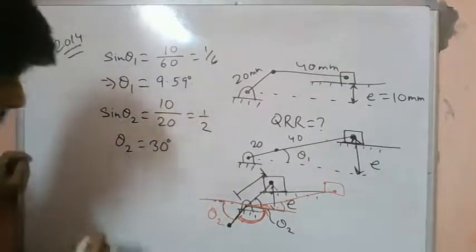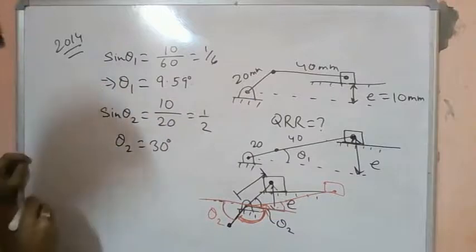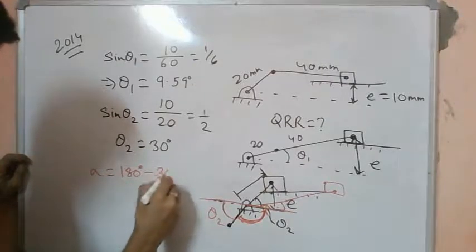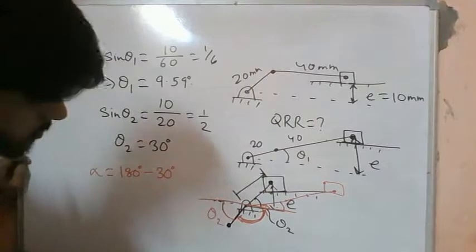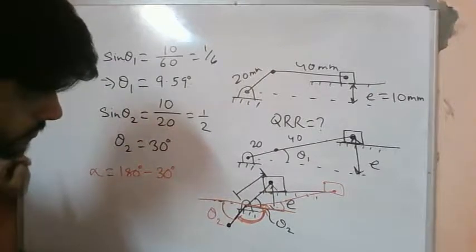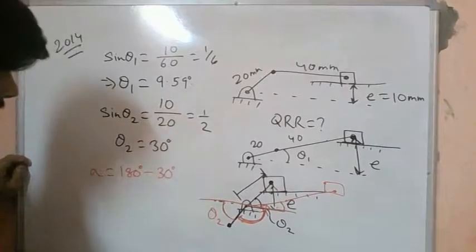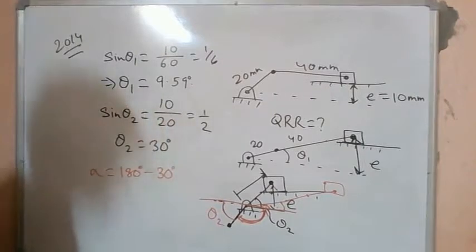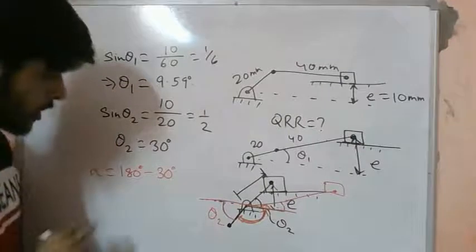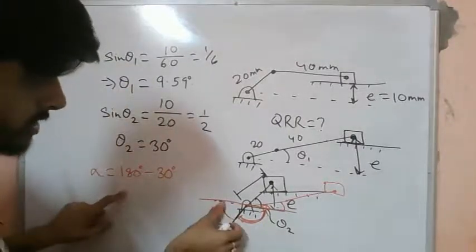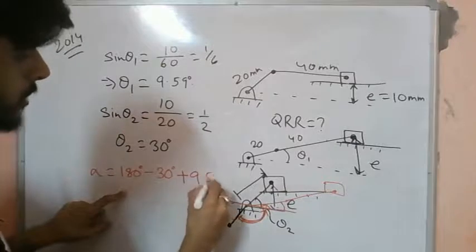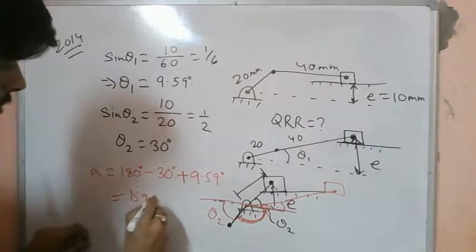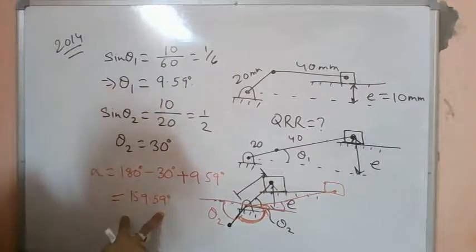So we have the return stroke angle, let's say alpha, equal to 180 degrees minus theta 2 plus theta 1, where theta 1 is 9.59, which gives 159.59 degrees.